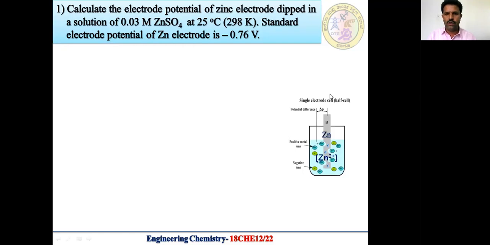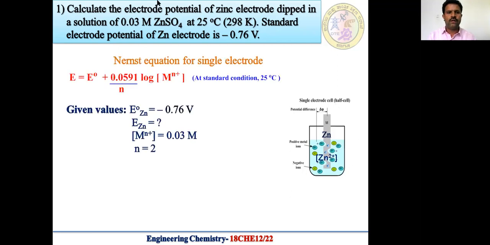So it is only for a single electrode, not for a cell. Hence, the Nernst equation suitable for this problem is E is equal to E naught plus 0.0591 divided by n log of the concentration of metal ions.